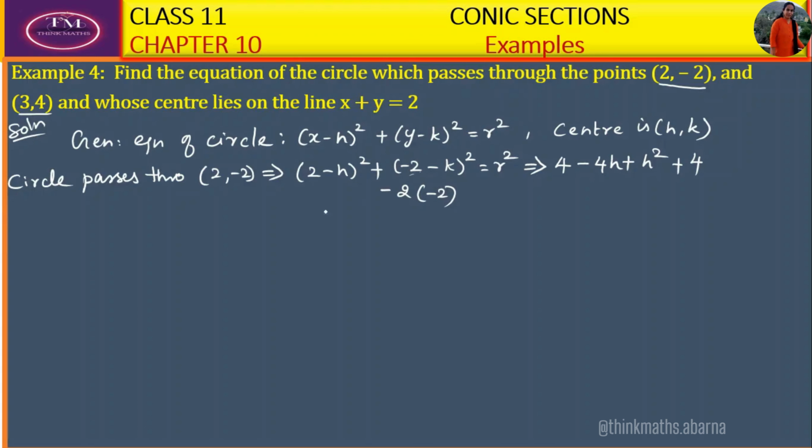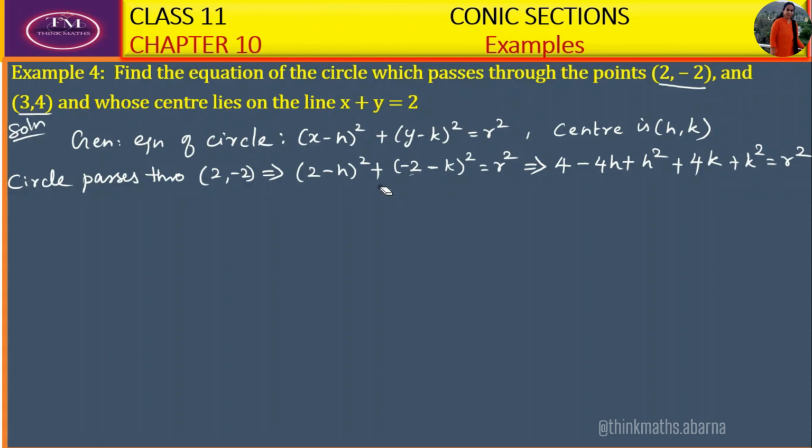Here is one minus. So here as the sign is negative, we will have the formula with minus. So it will be plus 4, so plus 4k, and minus k whole square is plus k square equal to r square.